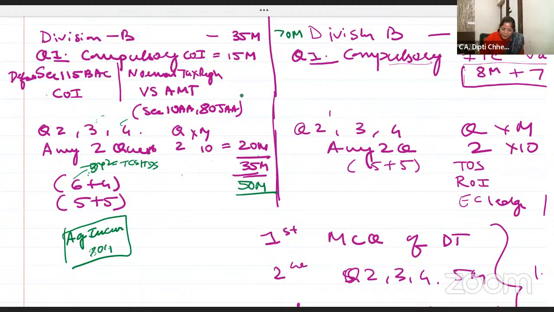Now here, in the normal tax regime, if you have been given section 10AA deduction, you have to take it below the gross total: section 10AA deduction, total turnover, export turnover, and 80JJAA or 35AD.